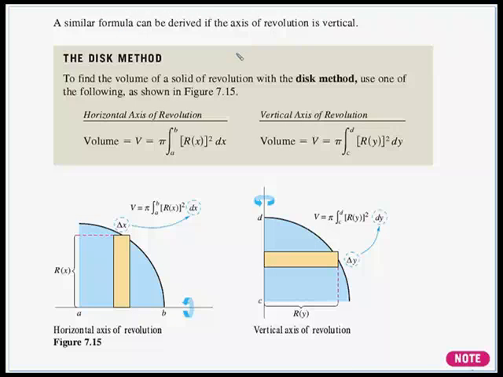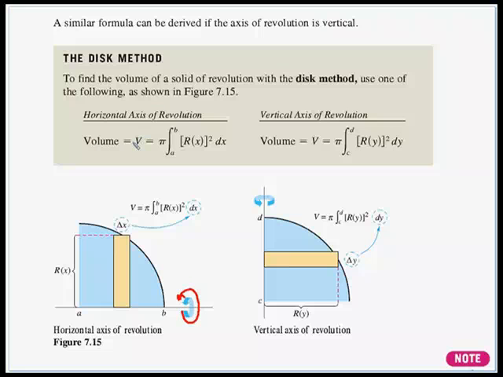So a similar formula can be derived if the axis of revolution is vertical. So here we've been talking about a horizontal axis of revolution. It's nice if that happens to be the x-axis. Here in the picture, it's our x-axis. We're rotating around it.